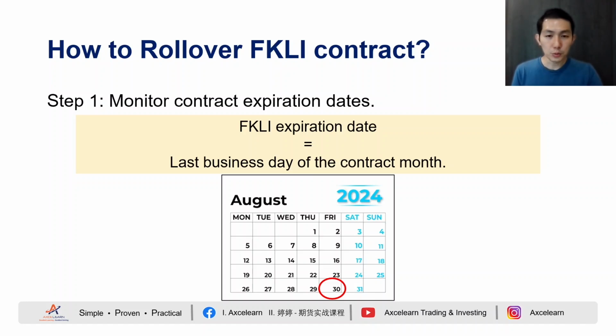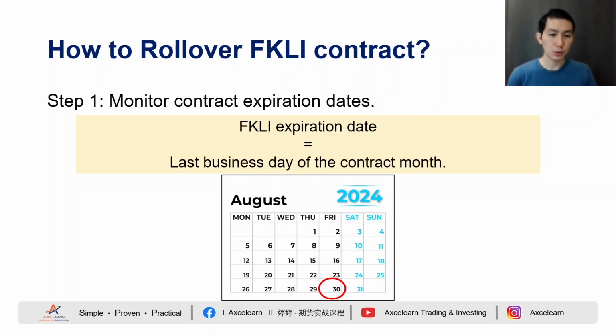So when do you roll over? Most traders roll over their futures contract a few days before the expiration date to avoid the potential volatility and lower liquidity that may occur as the contract nears its end.